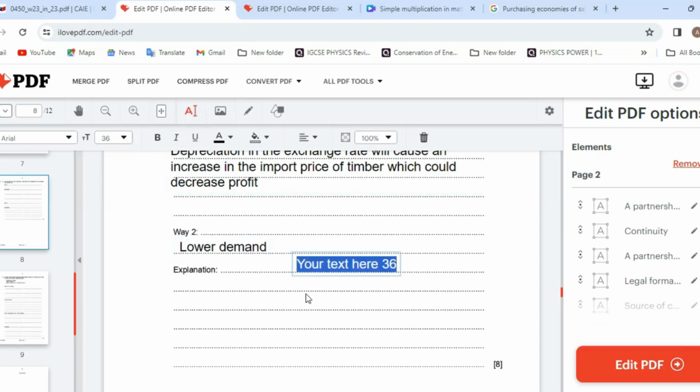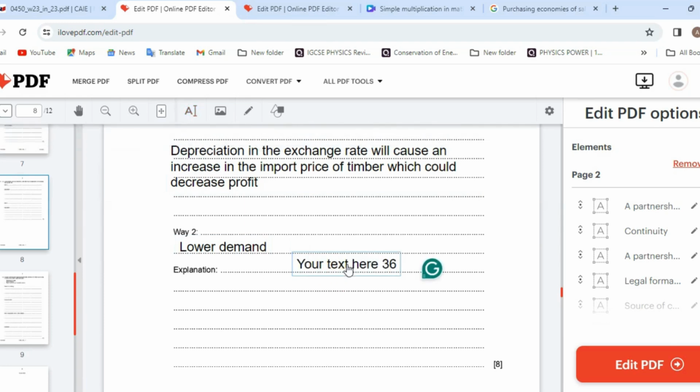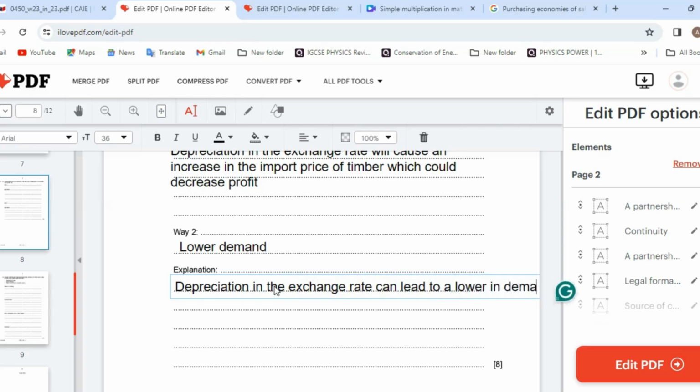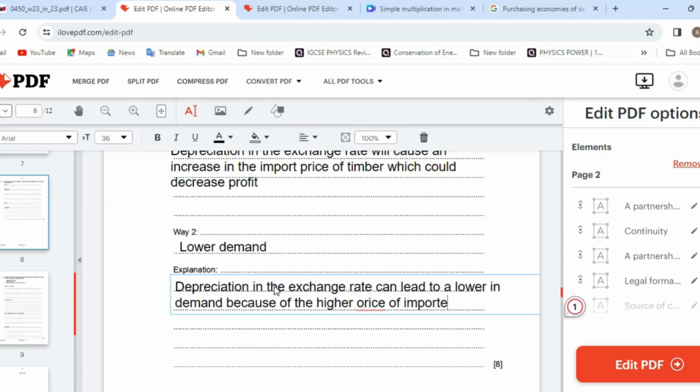Let's try and add the explanation. Okay, depreciation in the exchange rate can lead to lower demand because of the higher price of the imported goods.